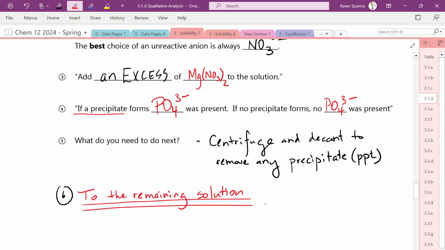To the remaining solution, because you have to tell me what you're adding it to. Are you adding it to the precipitate or are you adding it to the solution? To the remaining solution, what would you add now? Tell your partner. Go find something.